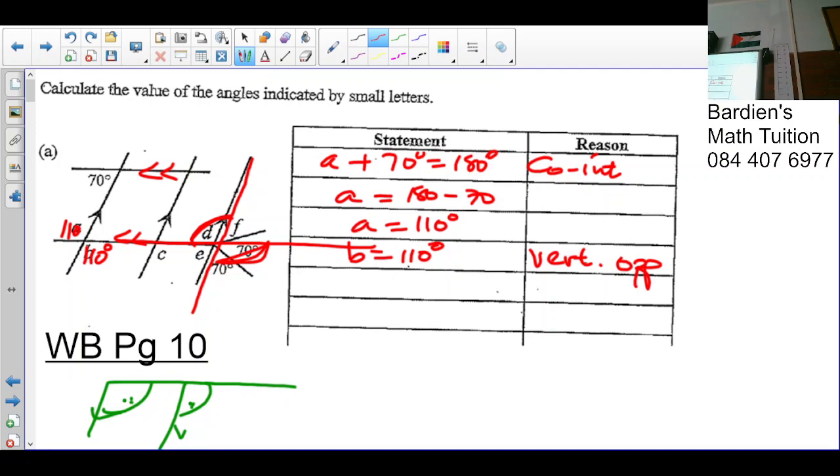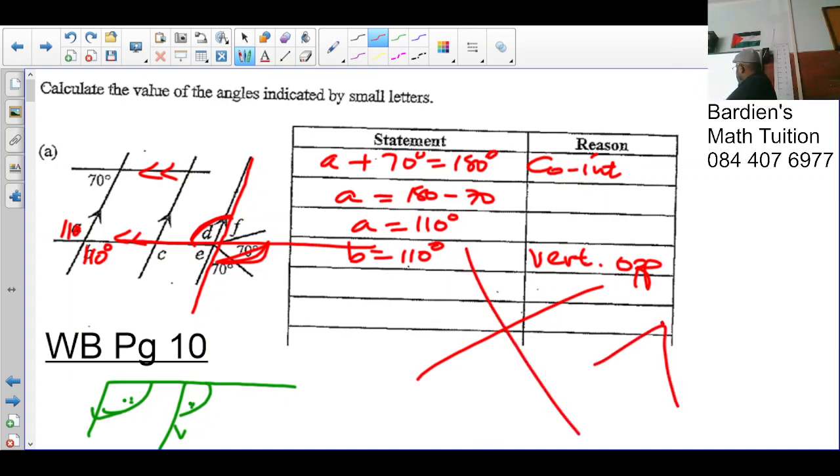People, vertically opposite angles, again, I'm going to tell you again, there should be two straight lines like that. Not lines like that. It has to be a straight line going through like that. You guys understand? It's not one straight line and you say that's vertical.